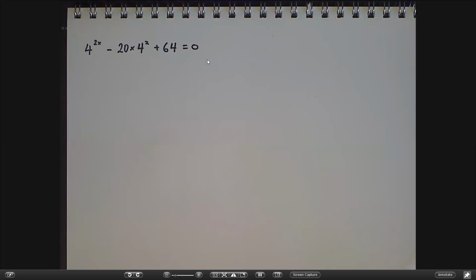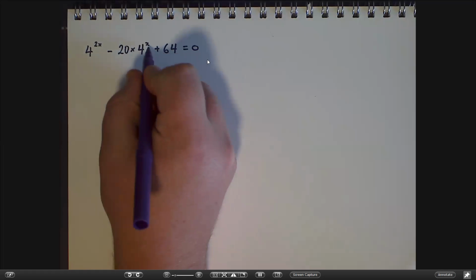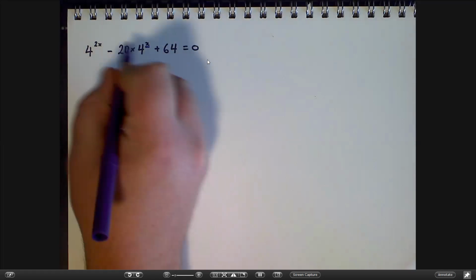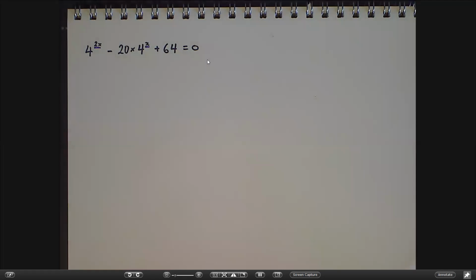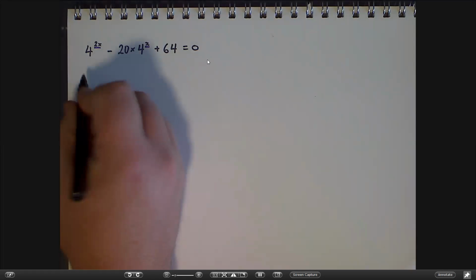This comes up when you're solving Schrodinger's equation. So a problem like this looks really difficult. But the trick is to observe that this power here is double this power here. And also that we can rewrite this in a very evocative way. And let me show you that.